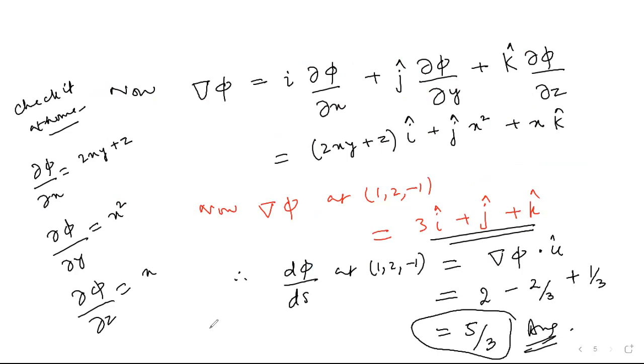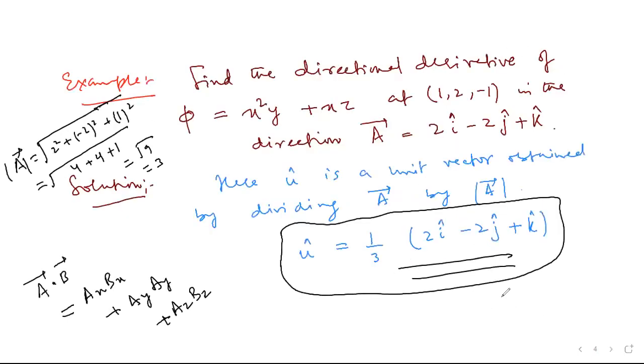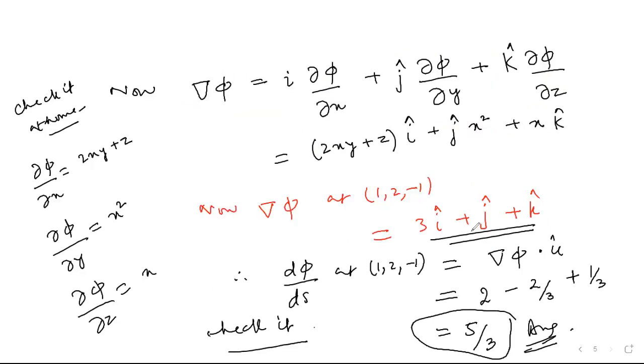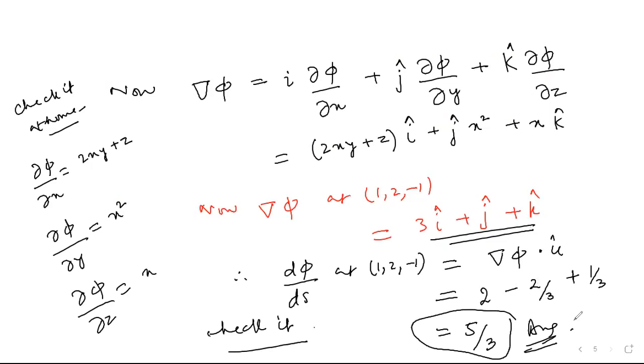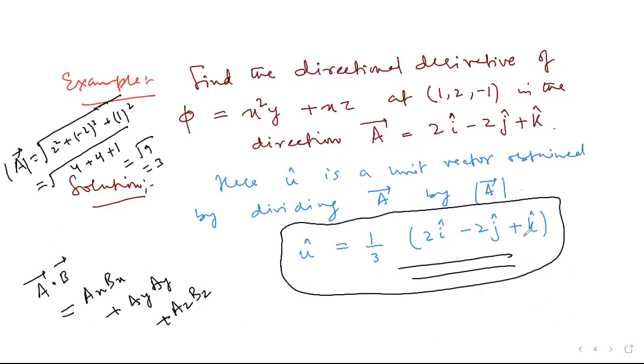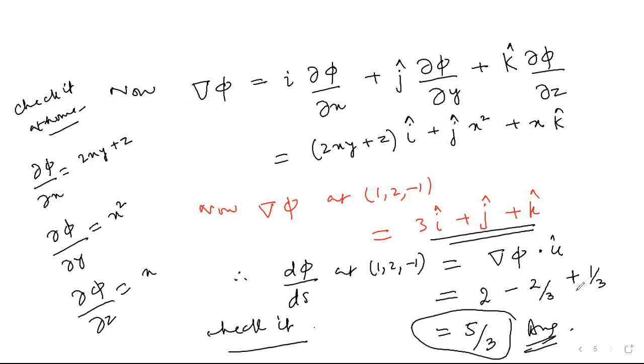Check it at home. You have to multiply 3 with 2 by 3, that is just 2. Then multiply 1 with minus 2 by 3, that is just minus 2 by 3. Then 1 with 1 by 3, which is 1 by 3.